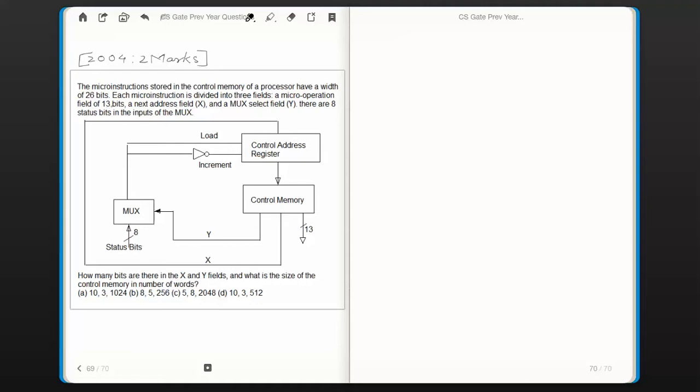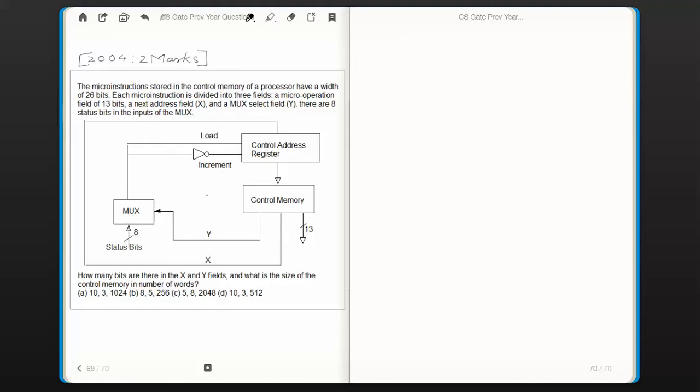Out of that, 13 bits is the micro operation, and the remaining 13 bits are for storing field X and field Y. So we need to find out the width of each individually: what is the width of X and what is the width of Y.